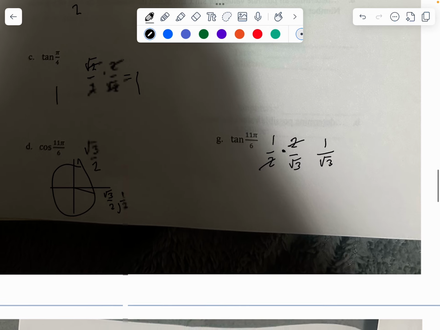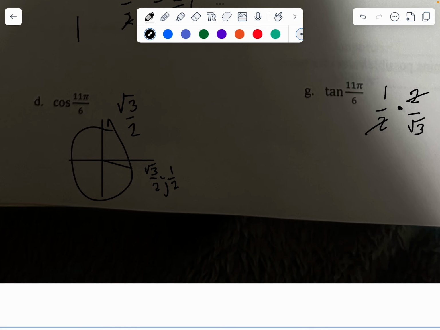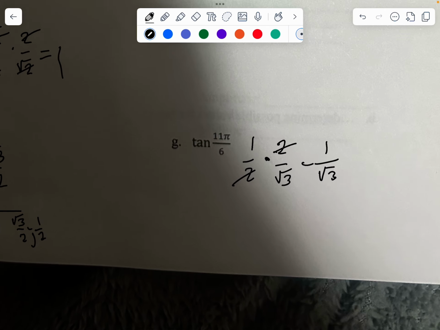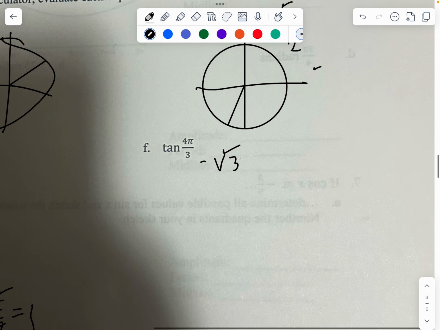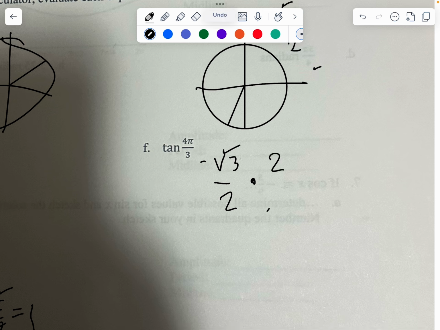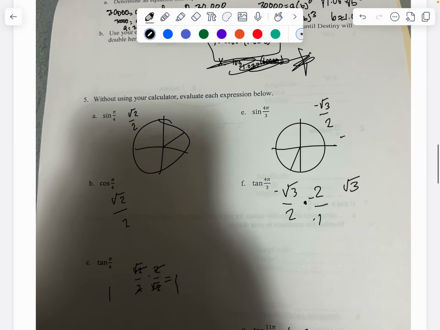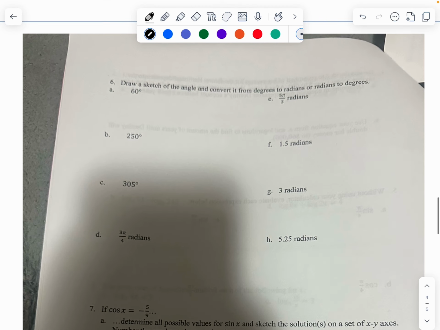This one is going to be negative, because the 1/2 is actually negative. So, alright, negative root 3 over 2 times negative 2 over 1. So we got root 3, and that's tangent.